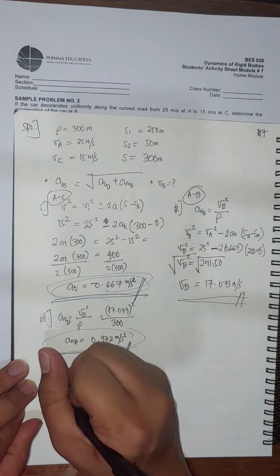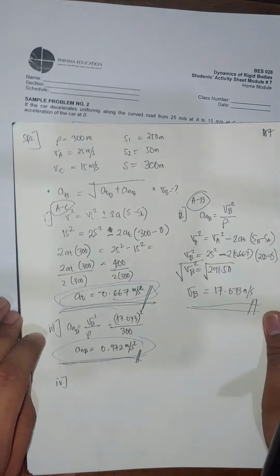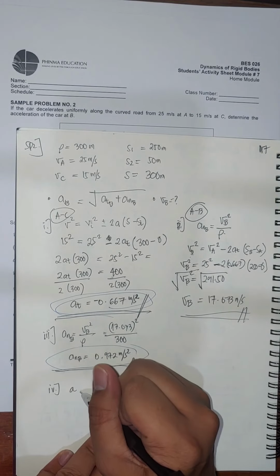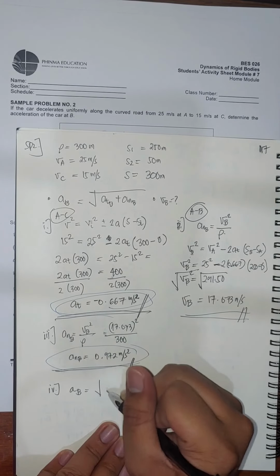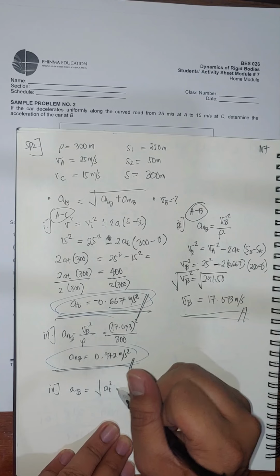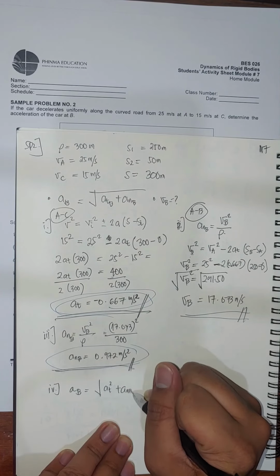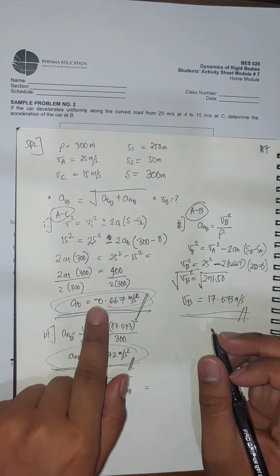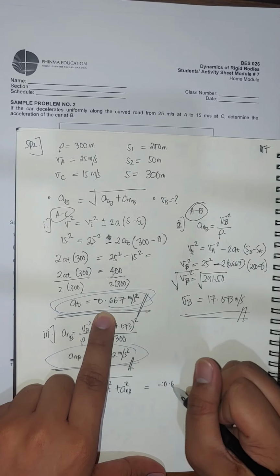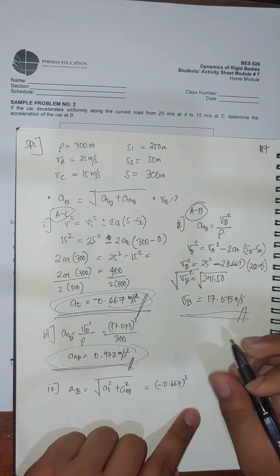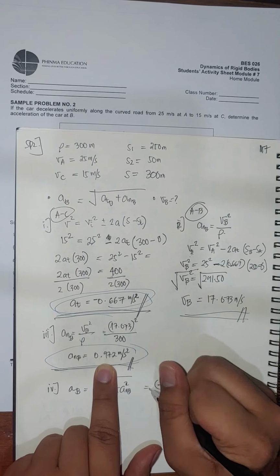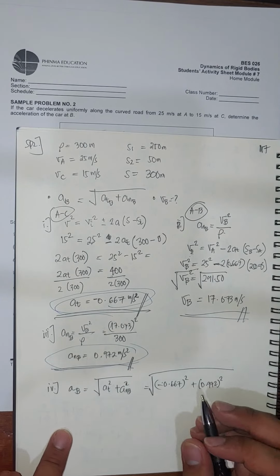We already have the normal acceleration at B and the tangential acceleration. Therefore, we can now solve for the magnitude of the acceleration of the car at B. The acceleration of the car at B is equal to the square root of the tangential acceleration squared plus the normal acceleration at B squared, which is negative 0.667 squared plus 0.972 squared, all under the square root.